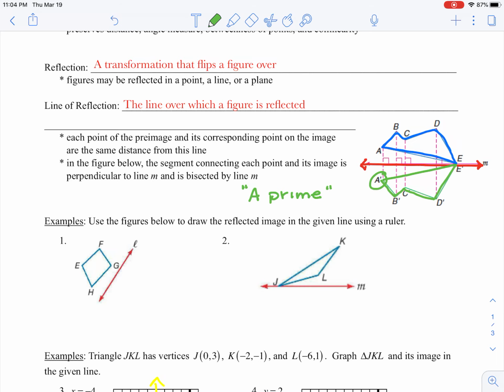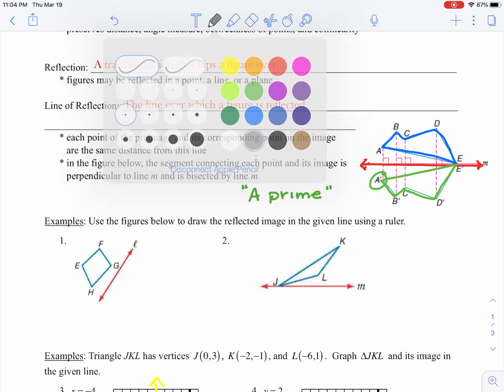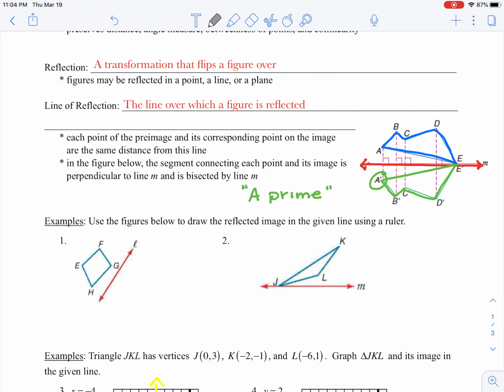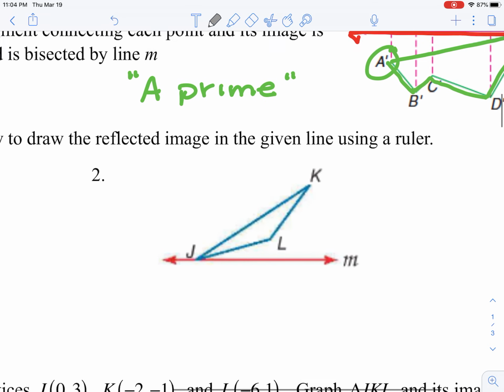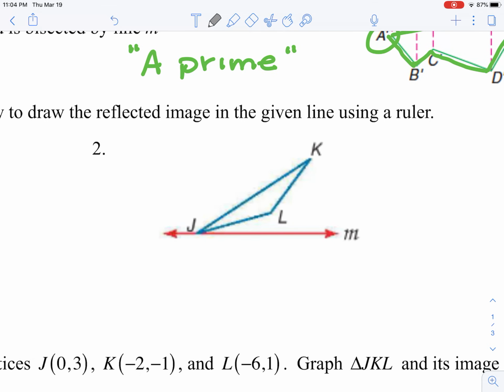Okay, now that you're back with your ruler, the first step in order to reflect in a line not on the coordinate plane is to draw one line perpendicular to the line of reflection through each point. So for point K, I'm going to draw a line through point K perpendicular to line M, like this.